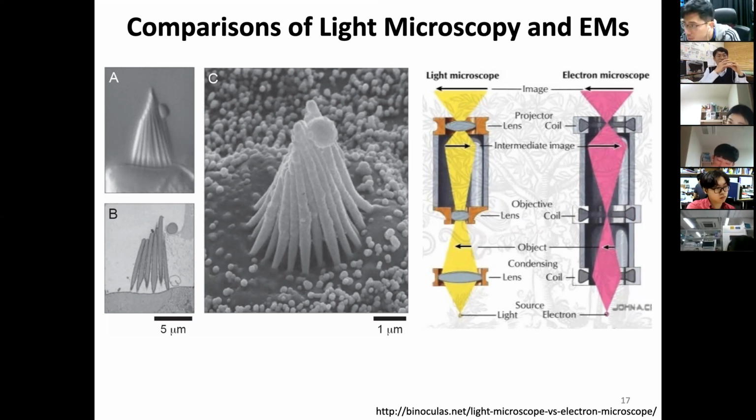So instead of a lens, you use a coil or electric field to bend the electron trajectory. So this is light and this is electron microscope. It looks very similar, but how to bend? There's a lens, there's a coil. Does it make sense? So that's the electron microscope.